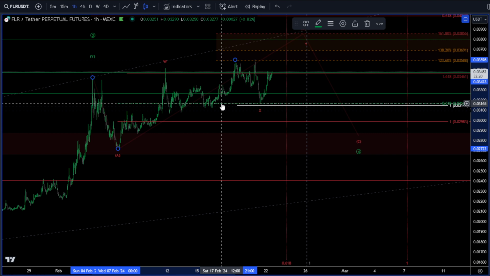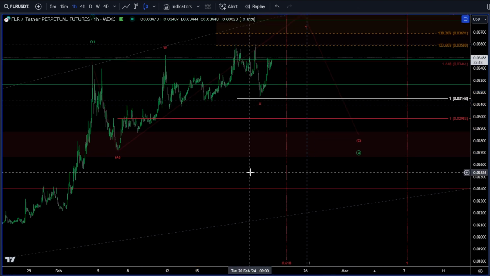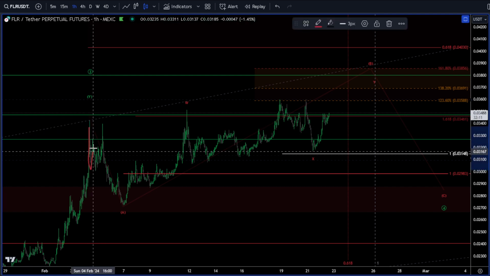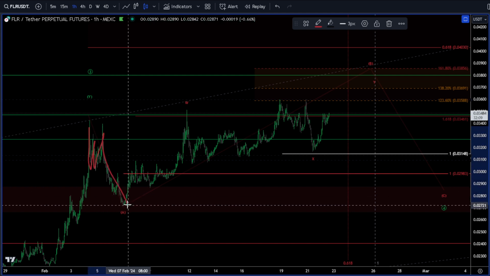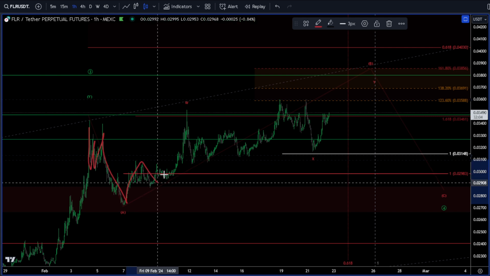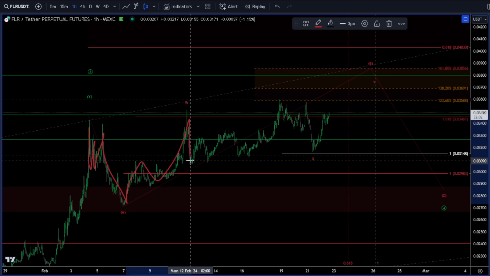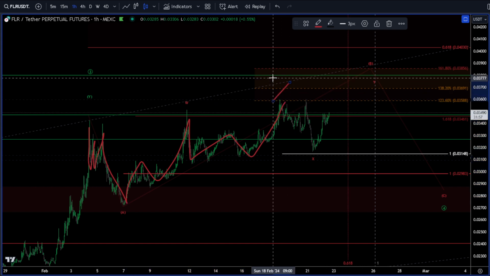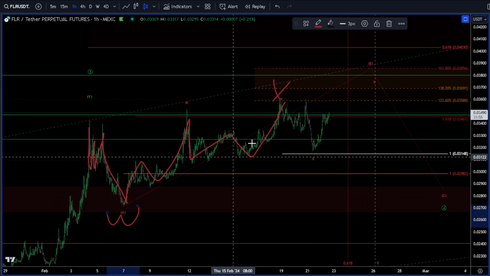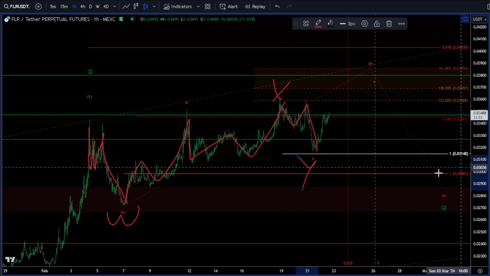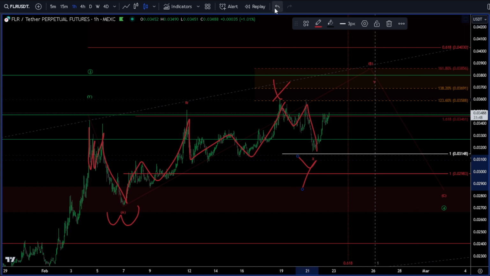So keeping that in mind, what that would look like if it is complete is this would be a zigzag with a flat in between, A, B, C. We would then get a complex correction, 3. This would be a small X wave, and this would be a 3 wave as well for our X. This would be a WX, and then we got a flat here for our Y. That's what that would look like, because we reached the minimum requirements.